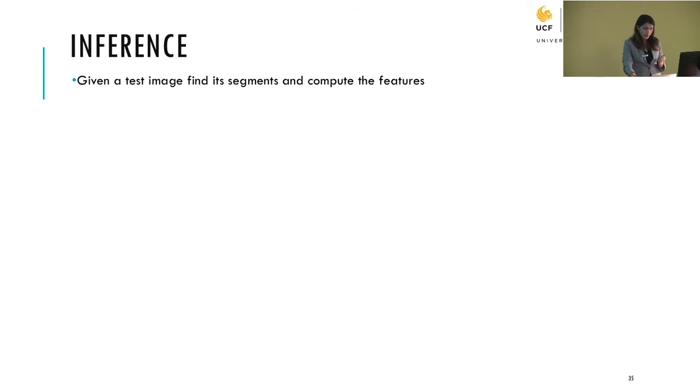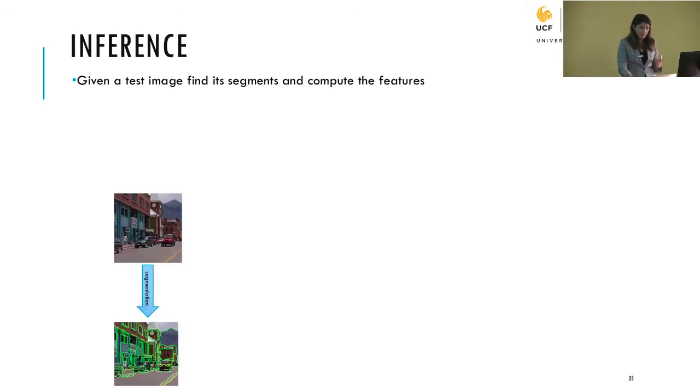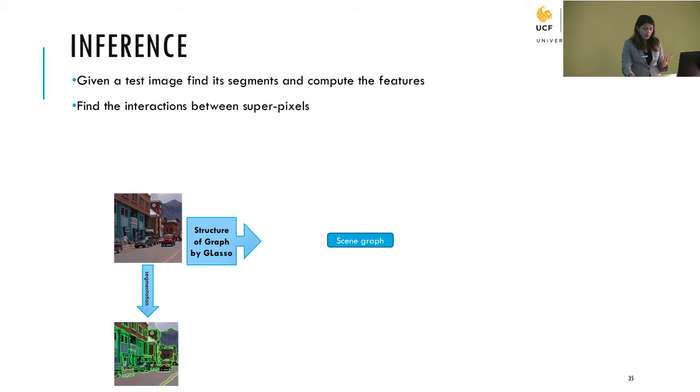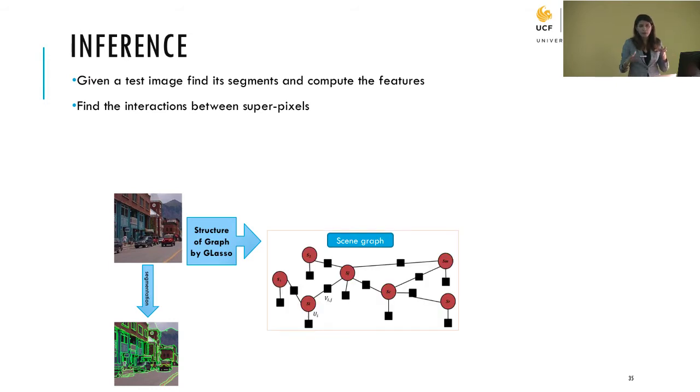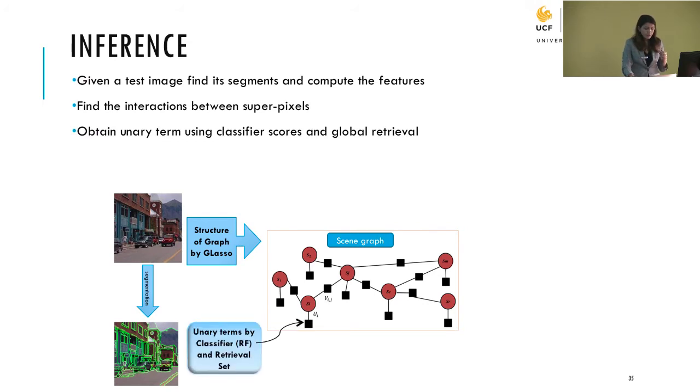So in the inference part, when we have a query image, we segment this image and compute the features. We find the interaction between superpixels. So this is our scene graph. We build the optimization over this graph. The unary term for this graph comes from the classifier.